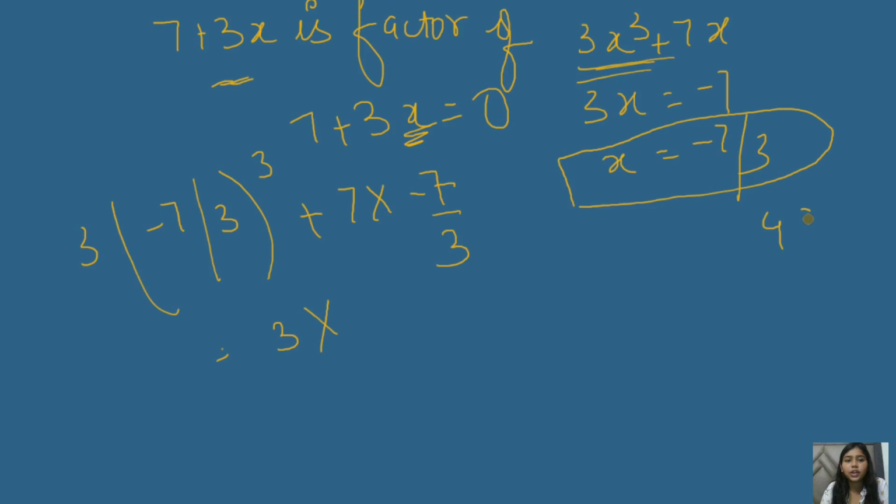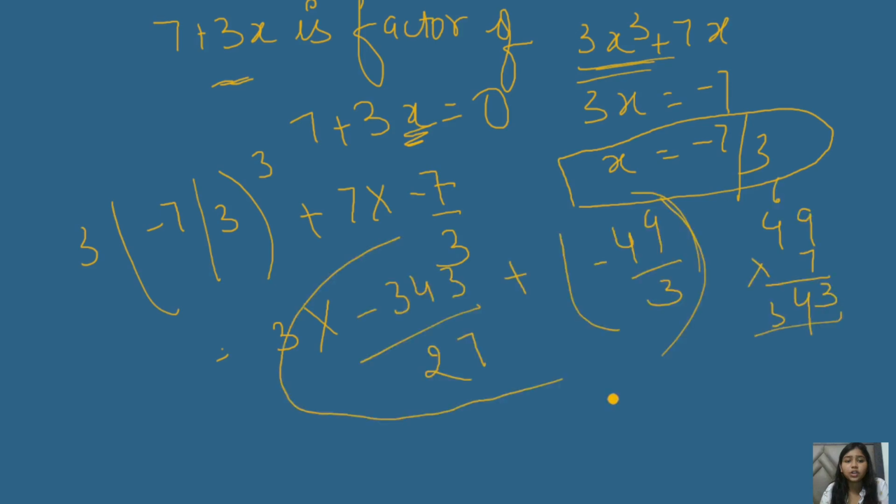So it is minus 343 by 27, multiplied by 3, plus minus 49 by 3. So we already know that this expression is not equal to 0, hence no, 7 plus 3x is not a factor of 3x cube plus 7x. So this is all for today's class.